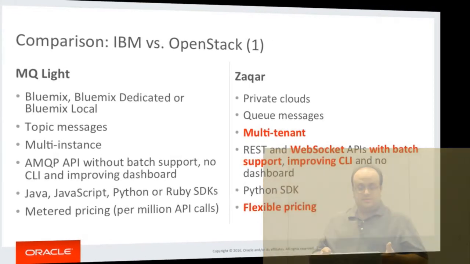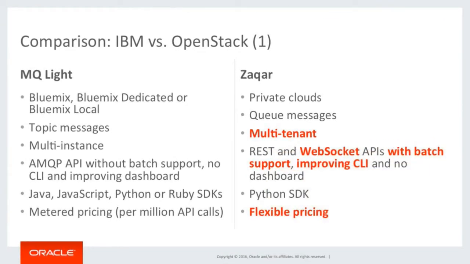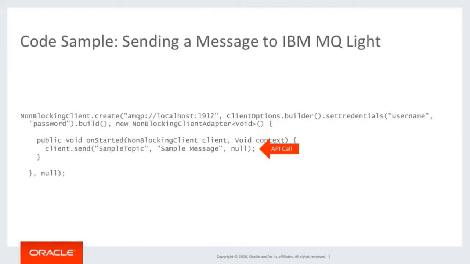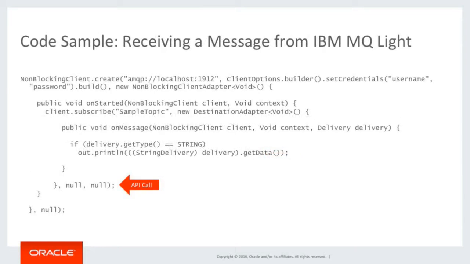It doesn't have a CLI, which is odd for the OpenStack community and probably odd for all system admins, right? It doesn't have it, but Zaqar does, right? It doesn't support batch also. So there's the code, 1 call to send, 1 call to receive.